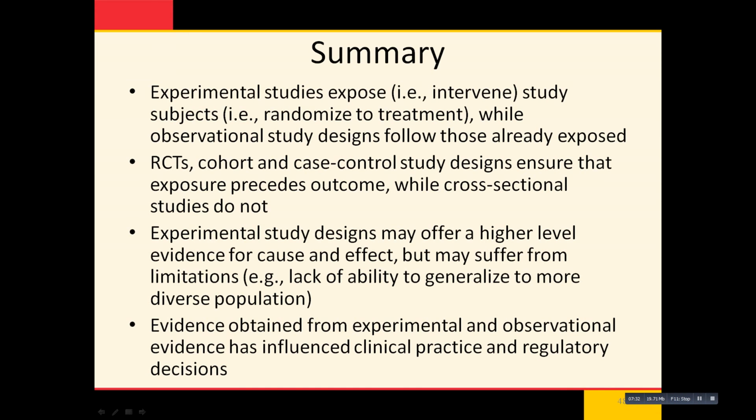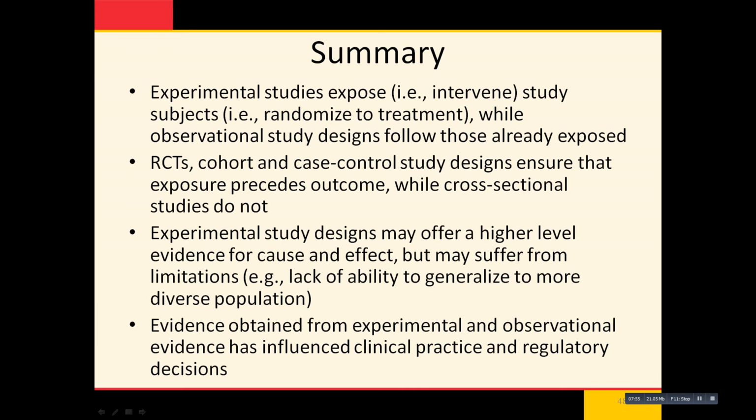So lastly, to summarize the overview of study designs, we know that experimental studies intervene: they expose study subjects or randomize them to treatment, while observational studies follow those that are already exposed. There are randomized controlled trials, cohort, and case control study designs, as well as pragmatic clinical trials.